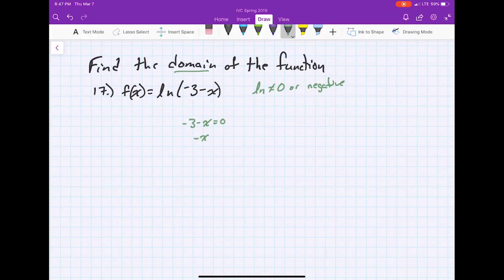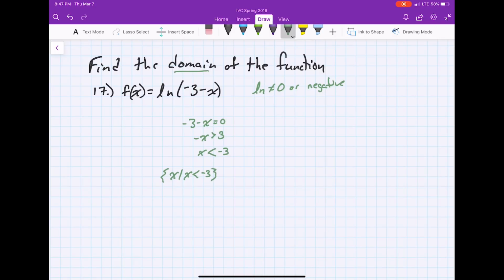So we've got negative x is greater than, we want it to be greater than 3. Move that negative, and oh, we're dividing by a negative, so we switch this around. So x is less than negative 3. So here's our domain. It's x such that x is less than negative 3.